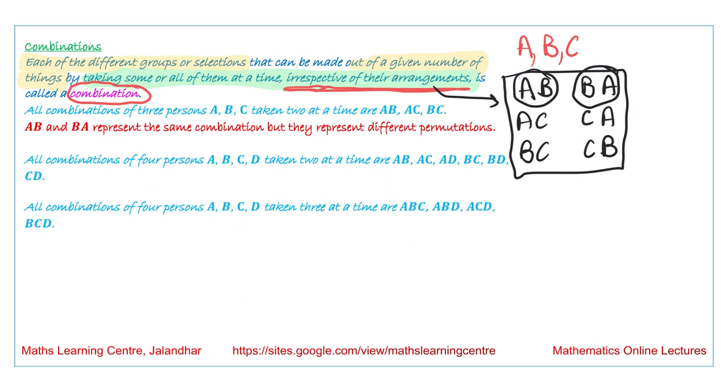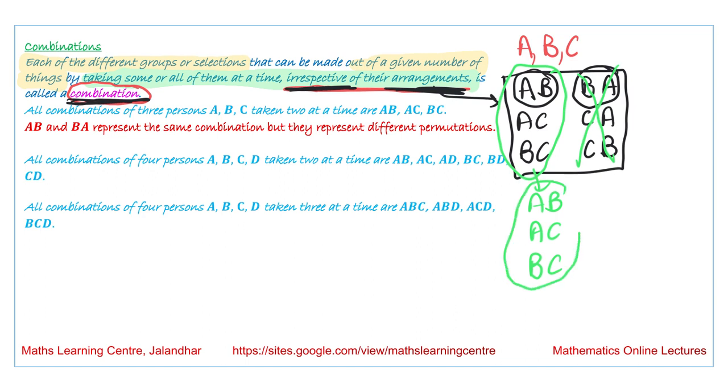But when we talk about combinations, we are not interested in the arrangements. These are the three combinations we can choose: the combination of A and B, of A and C, and of B and C. So the number of permutations here is 6, while the number of combinations is 3. This is the basic difference between a permutation and a combination.